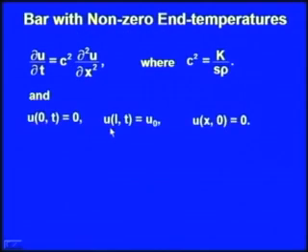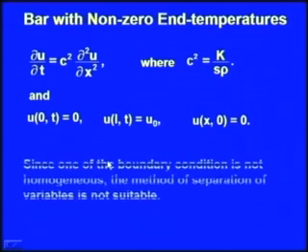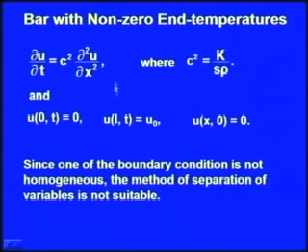Now, we discuss the case of the uniform bar where both the ends are not at 0 temperature. So, let us take up the case of a bar with non-zero end temperatures. So, here we again have the same heat equation, ∂u/∂t equal to c² ∂²u/∂x², where we had assumed that c², the diffusivity of the material, is given by K over sρ.